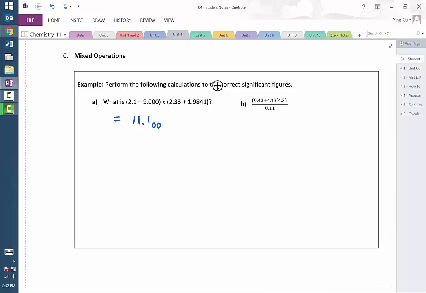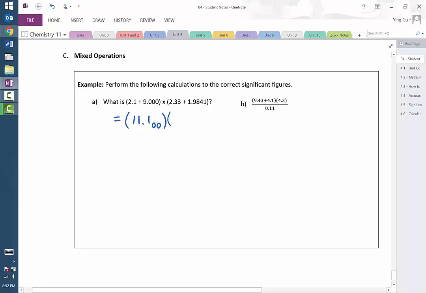But when I add those two numbers together, 2.1 to 9.000, the number should be cut off after the first decimal place, because in the addition rule, we follow the number with the least number of decimal places, which is 2.1. And so I'm going to write my answer to the operation in the bracket here as 11.1. That's where I should stop. But I'm going to drag those zeros down anyways, because I'm not yet done with this whole problem.